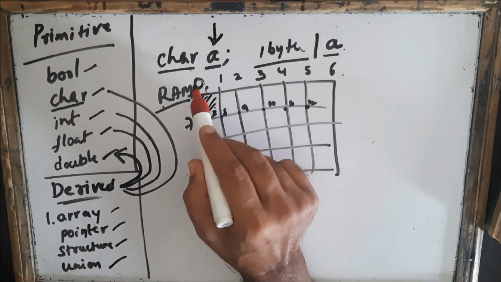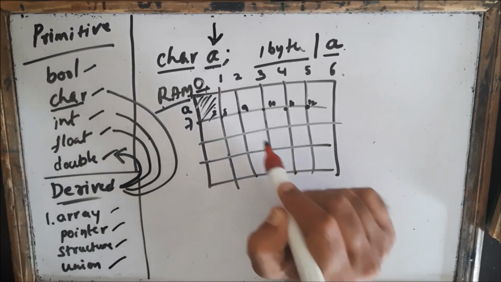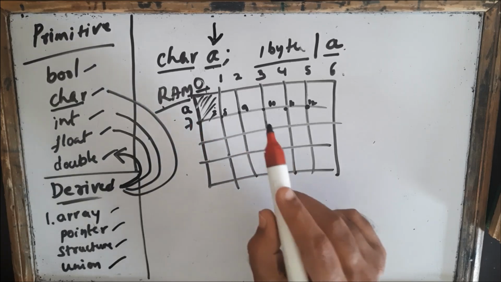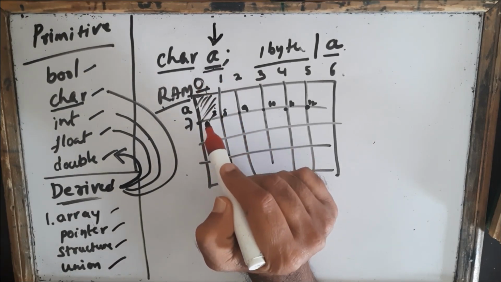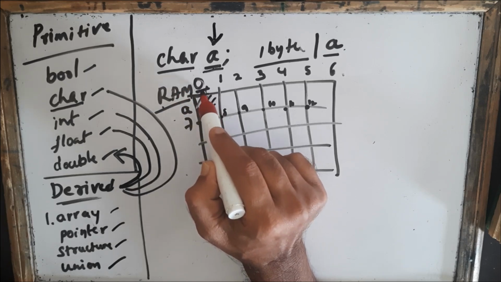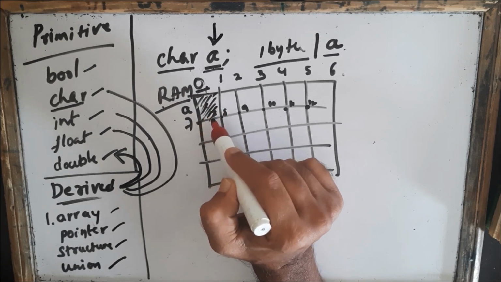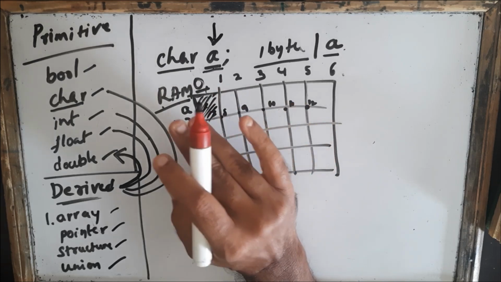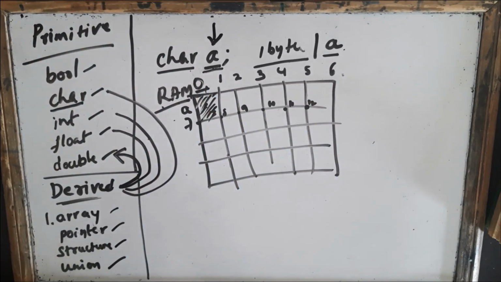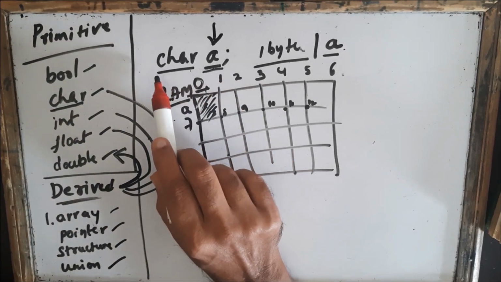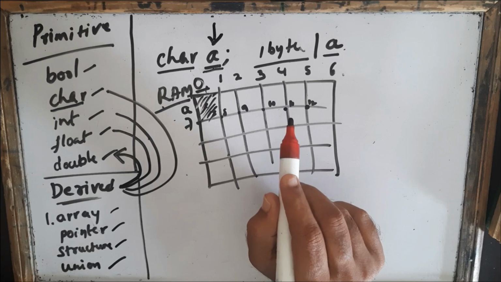This 1 byte will be allocated at address 0 to A, so it will be named A. Whenever the compiler comes across the memory name A, it will go and try to access address 0, and whatever content is in the address will be accessed, written, or read.